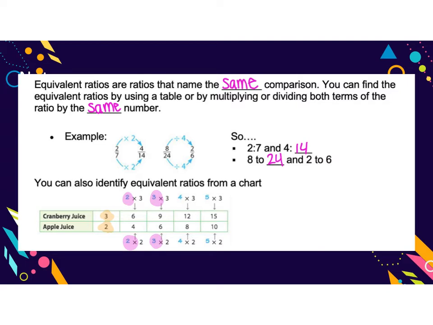If we multiply our original ratio by 4 on top and bottom, we would see another equivalent ratio of 12 to 8. And if we multiply our original ratio 3 to 2 by 5, we would get an equivalent ratio of 15 to 10.